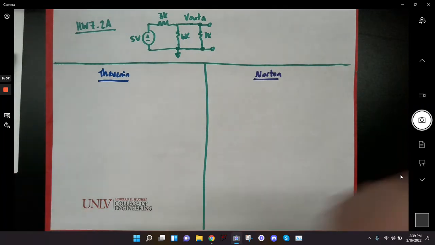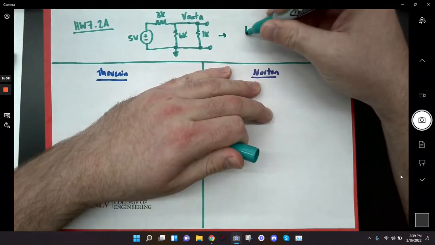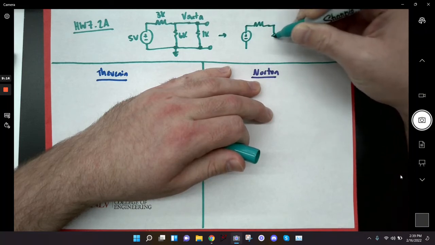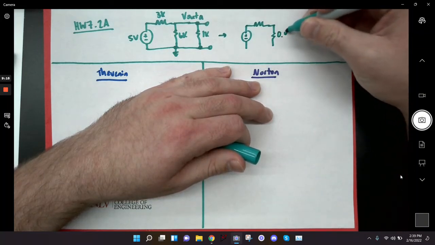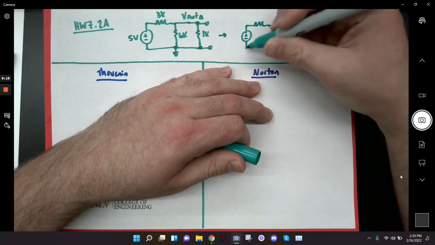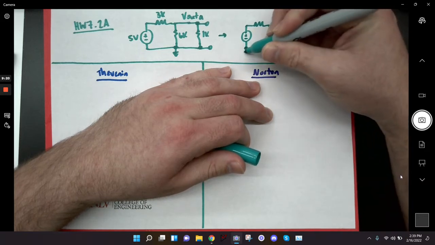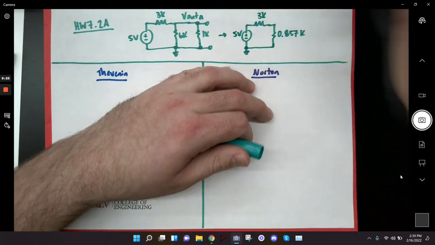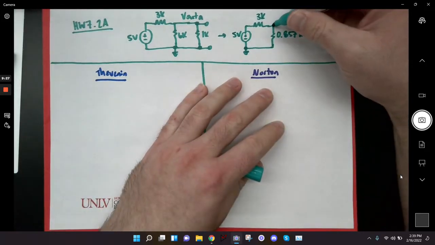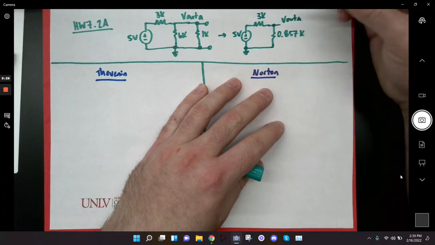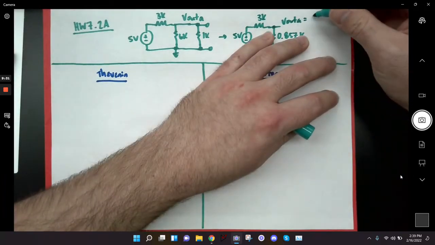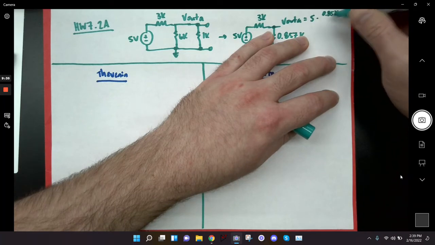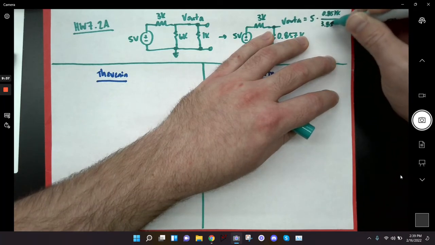So my original circuit then turns into 3K, and then that equivalent 0.857K, and this is 3K, and this is 5 volts. If I make a voltage divider here, I can find my V out A, and that's going to be 5 times 0.857K over 3.857K.